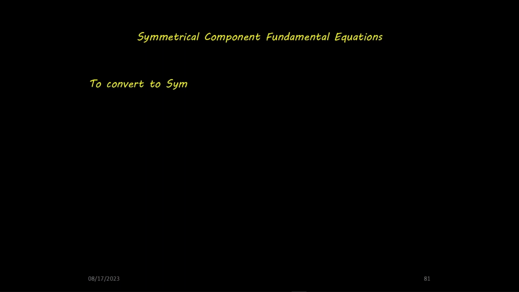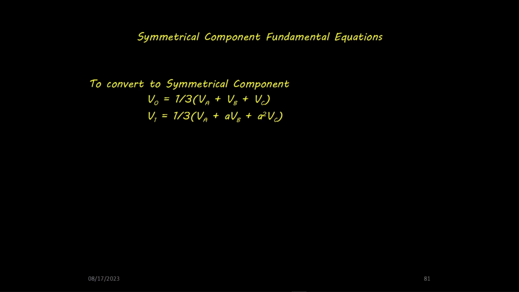To convert to symmetrical components, V0 equals 1/3 times (VA plus VB plus VC). V1 equals 1/3 times (VA plus a times VB plus a squared times VC). V2 equals 1/3 times (VA plus a squared times VB plus a times VC).